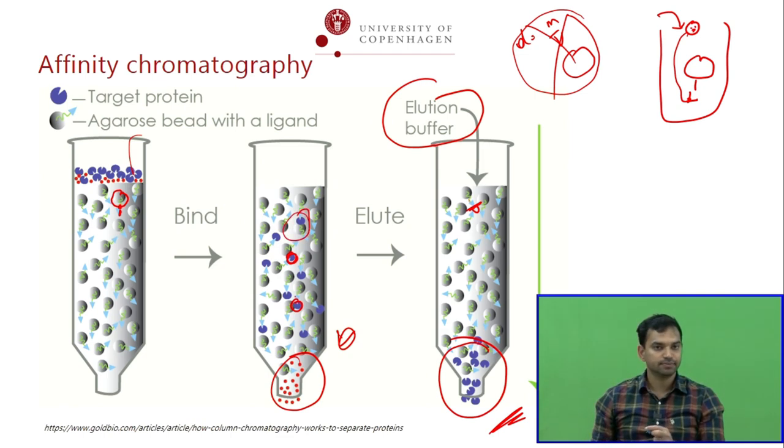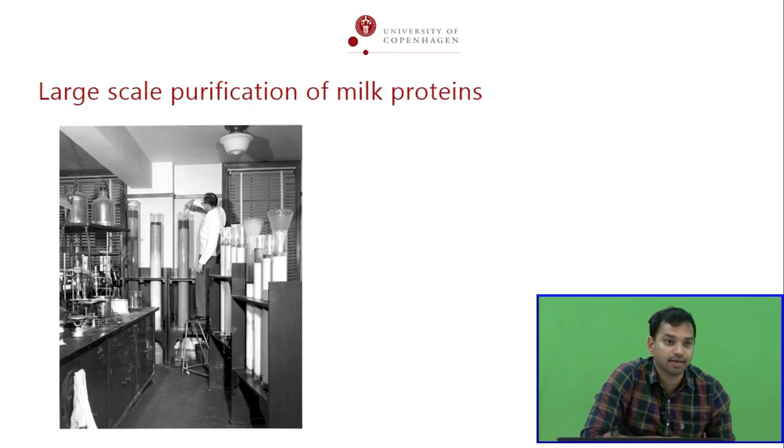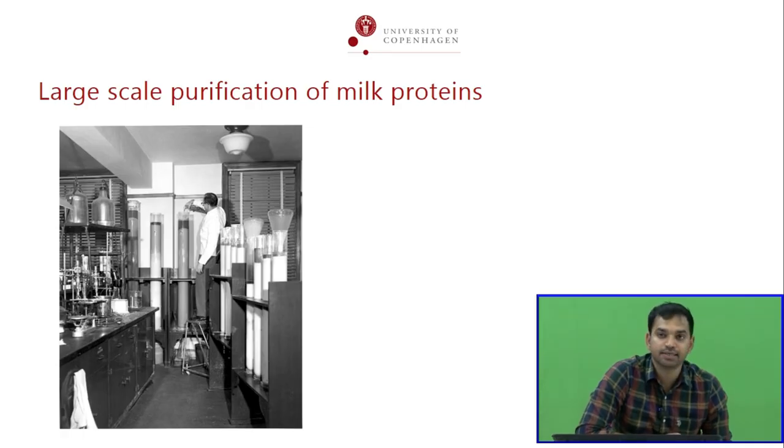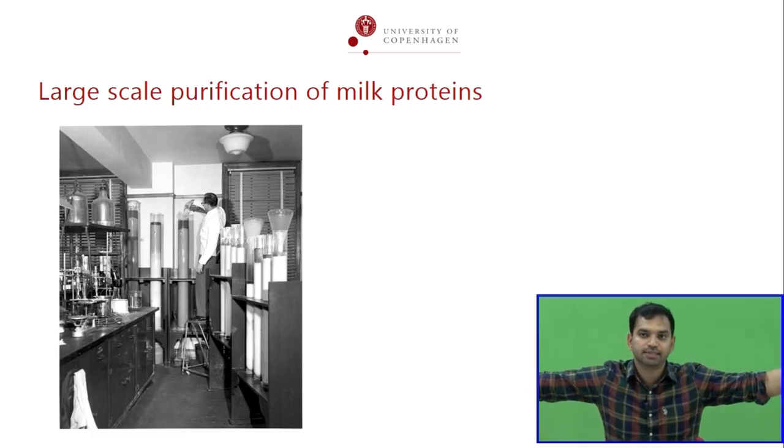Does that make sense? One of the beauties of column chromatography is that columns can be made as big as this room if you want. They can be upscaled to a crazy scale, provided you can control solvent and other things. Basically, you can see now, this is one figure I got from the internet. The person is standing, and you can see the size of this column chromatograph. It could be of this size, it could be of this size, and so on.